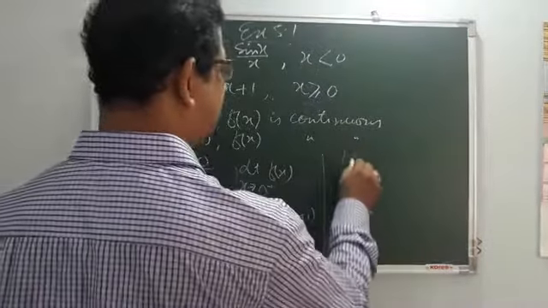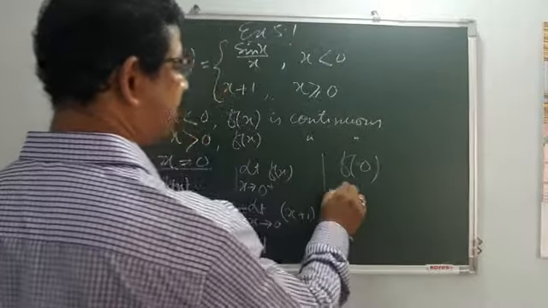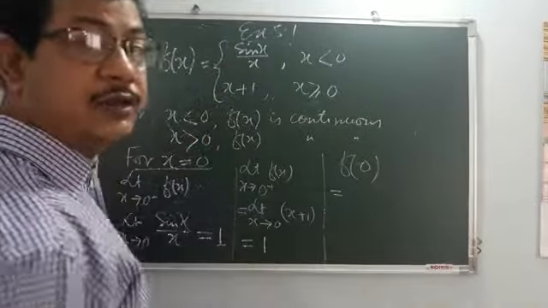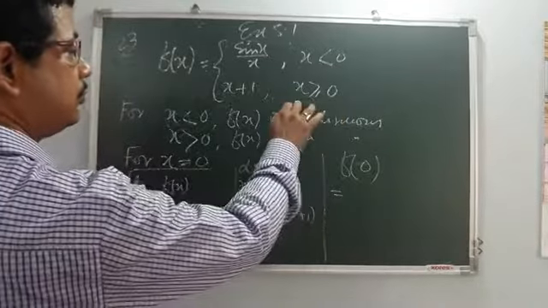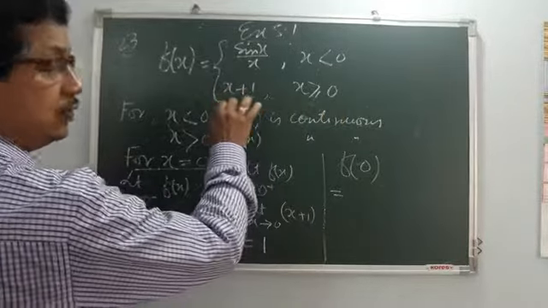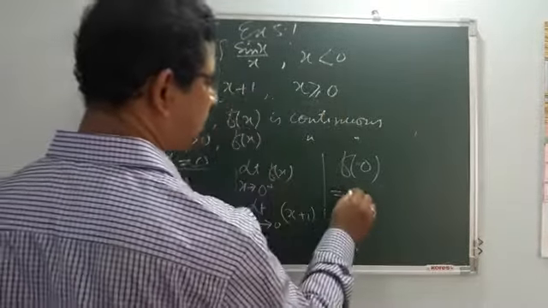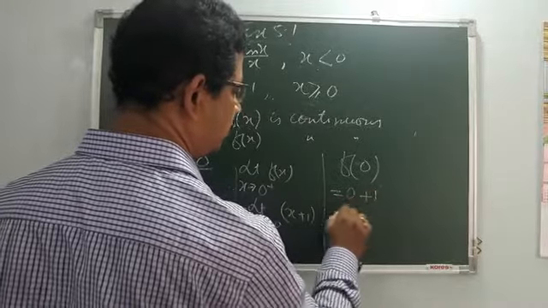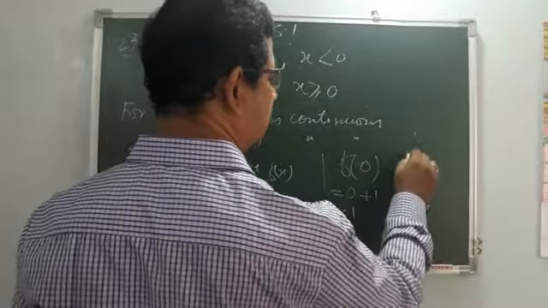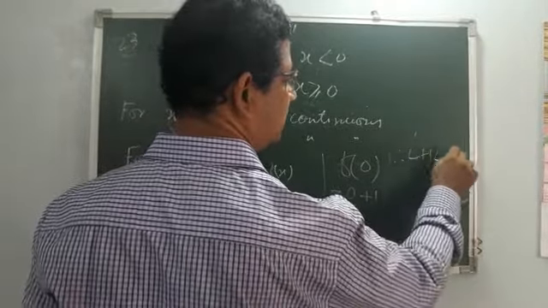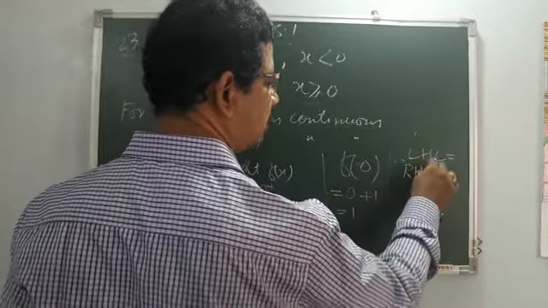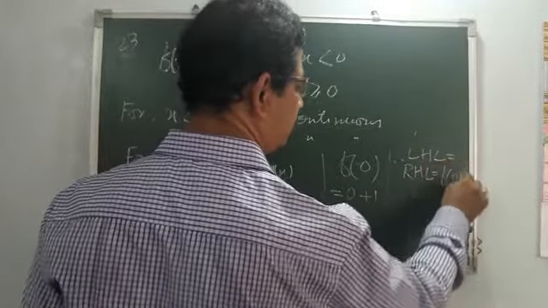Now what about f(0)? f(0) means x is 0. If we take x as 0, then f(x) is x plus 1, so here you put 0 plus 1, which is 1. So what we get: LHL equals RHL equals f(0).